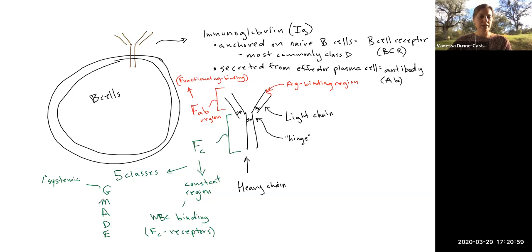IgM is a mucosal immunoglobulin, but also is the first antibody secreted in a systemic response. IgA is mucosal. IgD almost always is a B cell receptor, and IgE is involved in allergies.